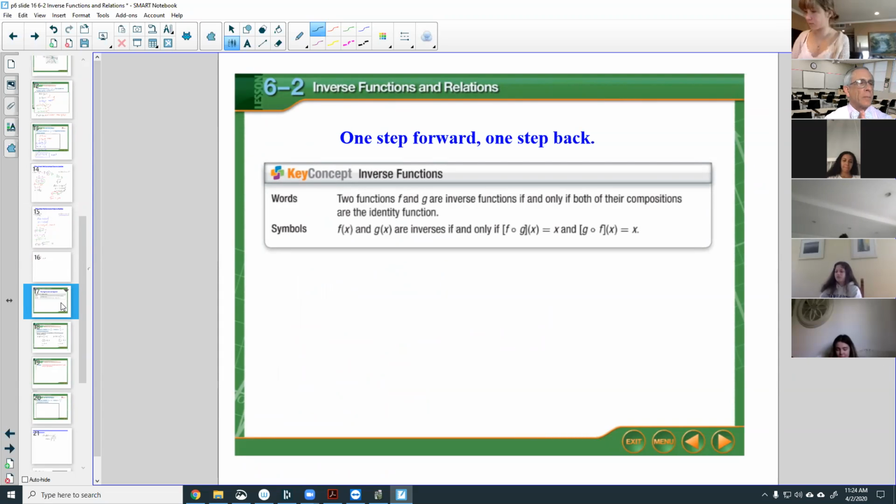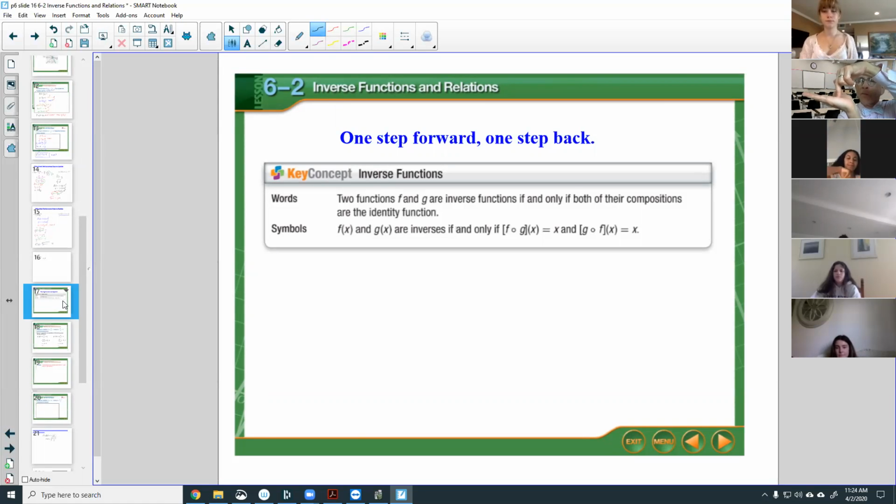Two functions are inverse of one another if the composite of those two functions equals x. So the way I describe it is this. I'm standing right here at point x.